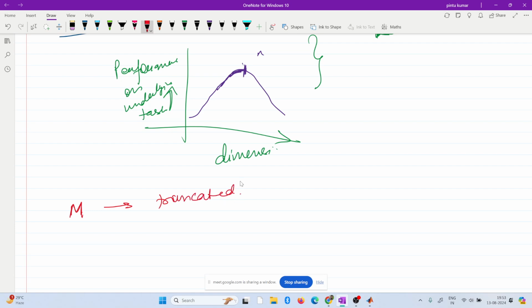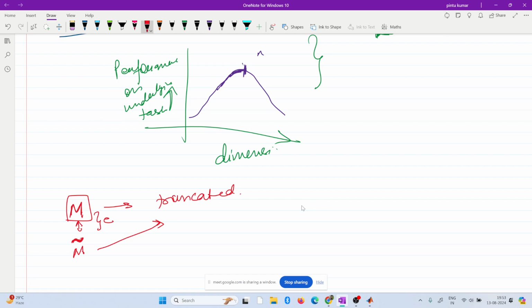The problem is that when the algorithm was calculating this M, it was making some error in approximating the matrix M itself. Because of this, we wanted to do a truncated SVD of matrix M, but we were doing a truncated SVD of matrix M tilde.